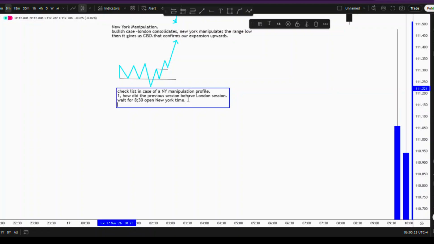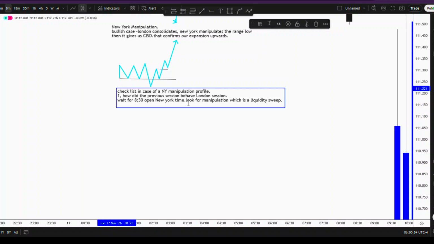So after it opens, look for manipulation, which is a liquidity sweep.